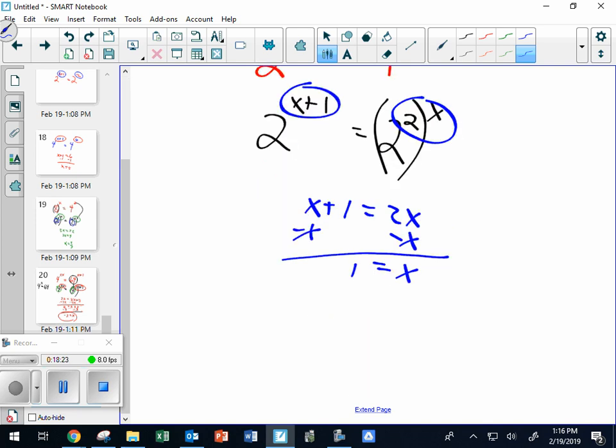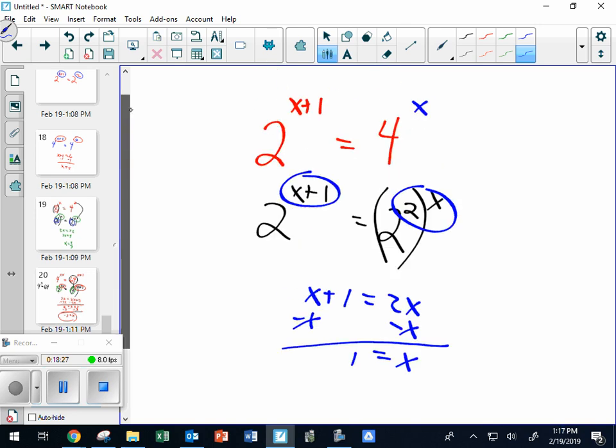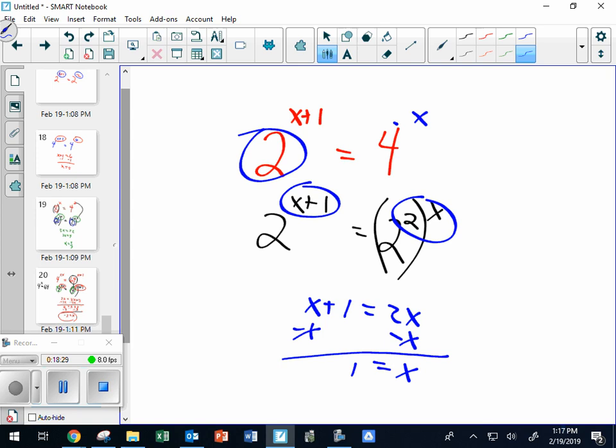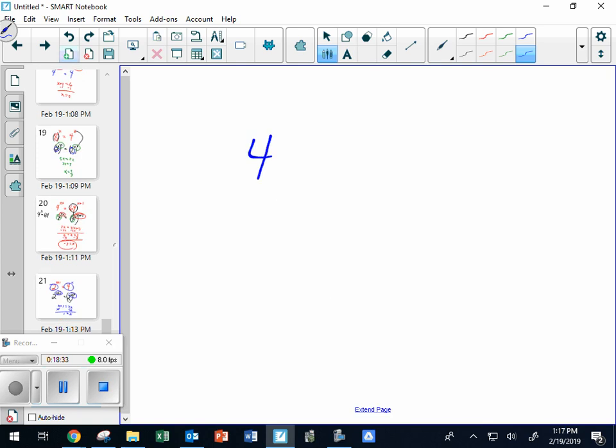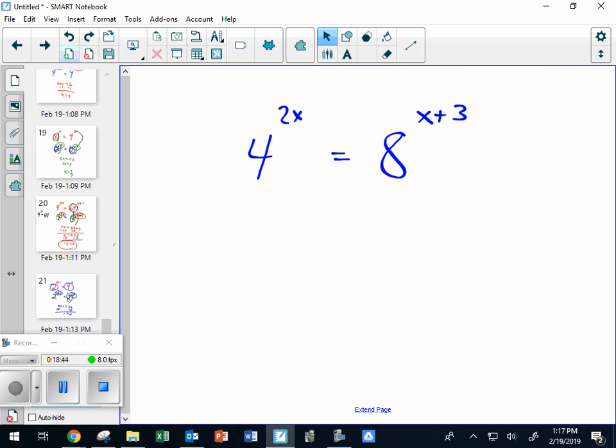Okay. And the last one, and this is where you're going to have to change both sides. Notice this one, we only had to change one of the two. What if both of them have to change? Make those bases the same.